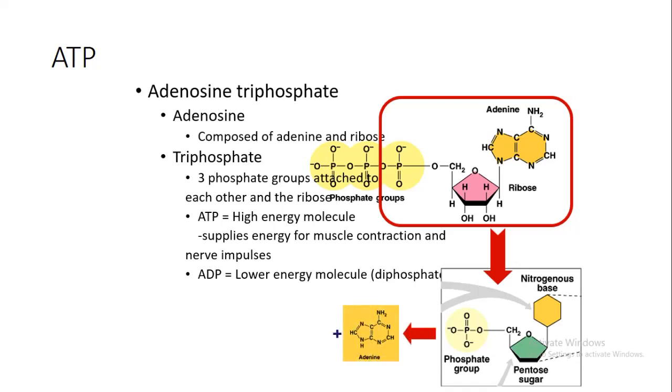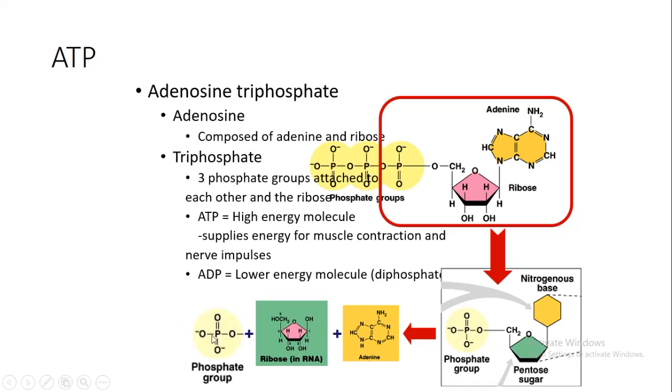So in the formation of ATP, when this nitrogenous base reacts with a pentose sugar, a ribose sugar, they form that bond, and then this reacts with a phosphate group to form AMP, which is the adenine monophosphate.